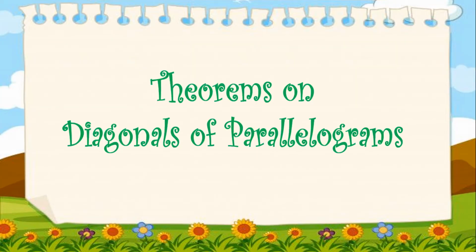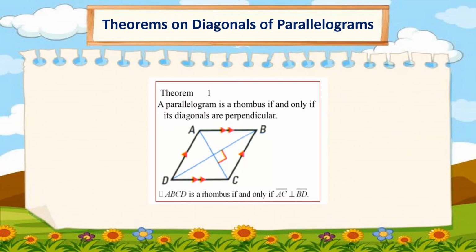Theorems on diagonals of parallelograms. Diagonals of a parallelogram may be congruent, perpendicular, or they may bisect the angles of the given parallelogram. Let's have the first theorem. A parallelogram is a rhombus if and only if its diagonals are perpendicular.